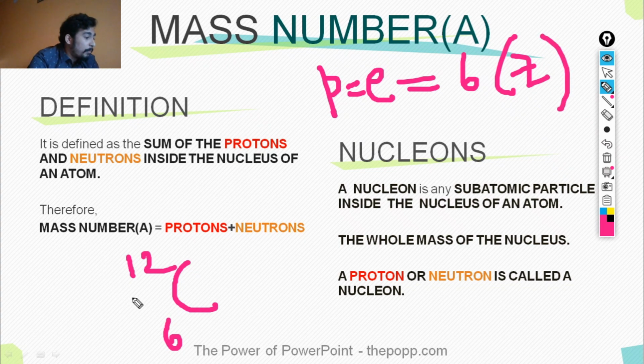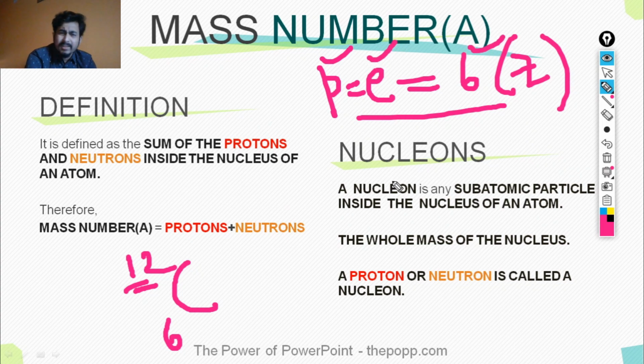Now the mass number is 12. Remember, this is the mass number. So we got protons equal to electrons equal to 6. As it is a neutral atom, we can easily write it like this. Now what would be the number of neutrons? As we know, mass number A is the sum of protons and neutrons.